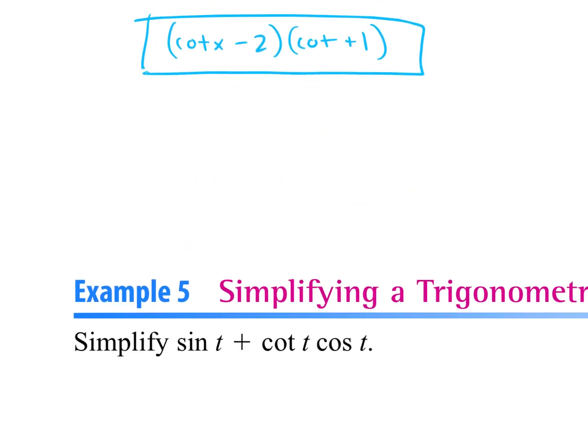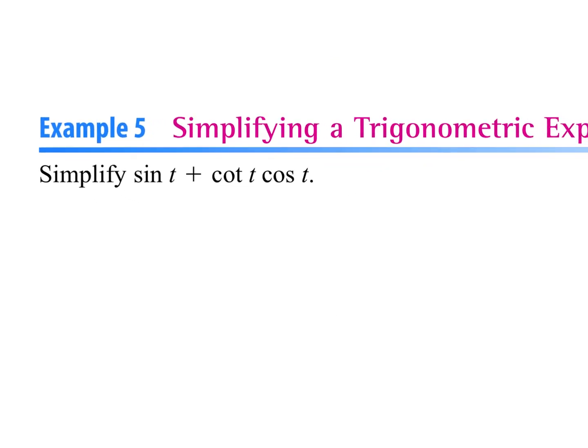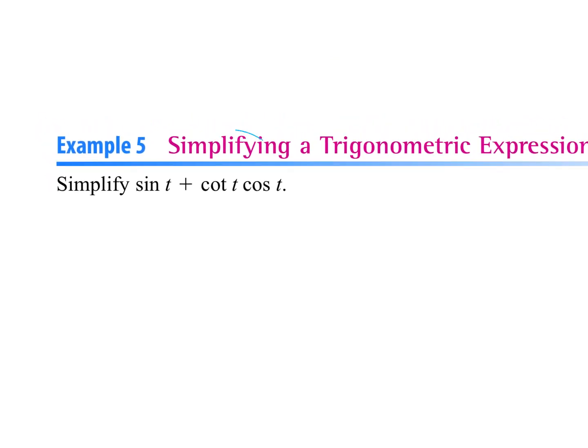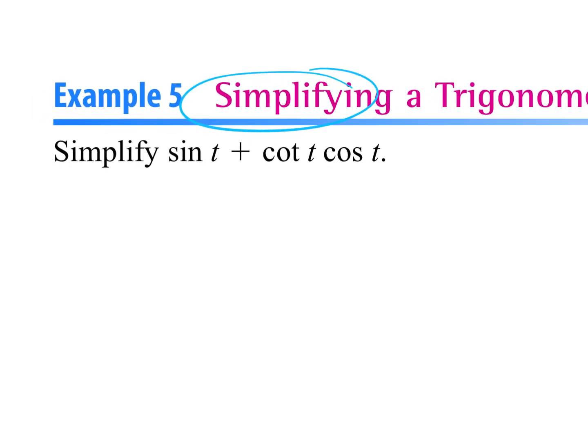All right, let's look at example 5. So this one's a little bit different here. I'm simplifying. So I'm not factoring, just simplifying. Now, when I have multiple trig functions, like I have sine, cotangent, cosine, it may be helpful to change everything in terms of sine and cosine.